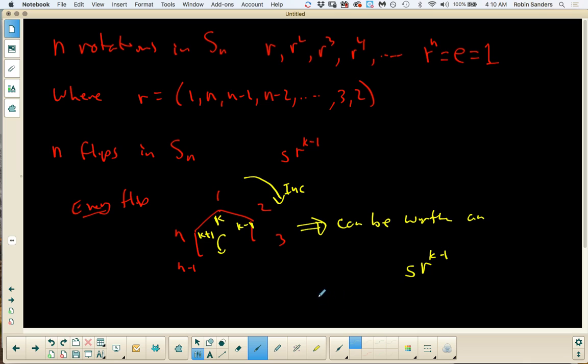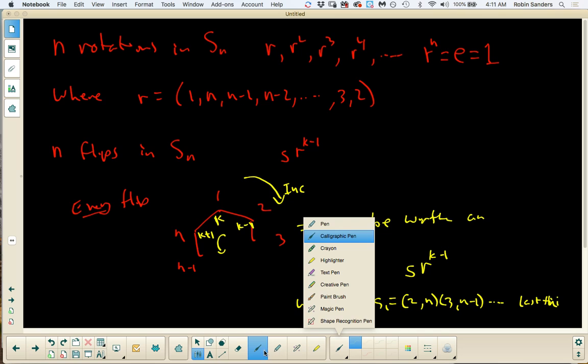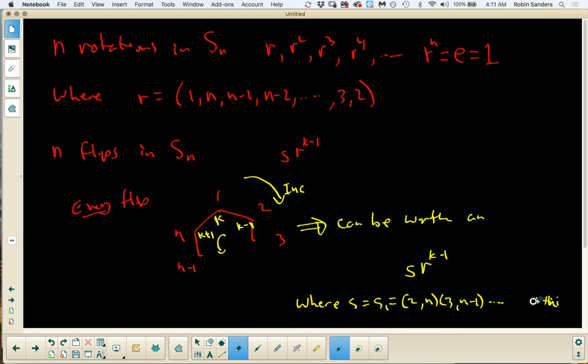And this is where our s is equal to the s1, which is 2 goes to n, 3 goes to n minus 1, and so on down to the last thing. It's just important to remember that the last thing varies depending upon whether we are in an even n or an odd n. So I'm just going to write this as last thing.